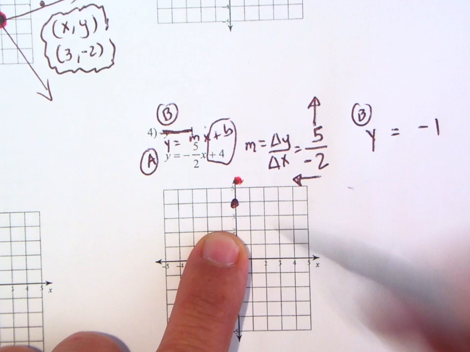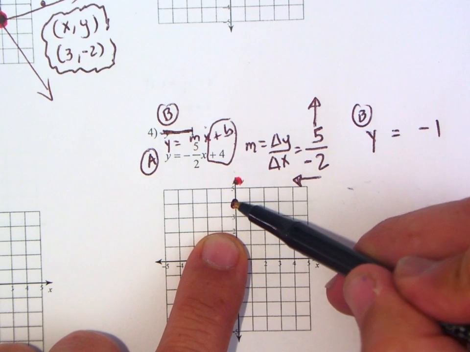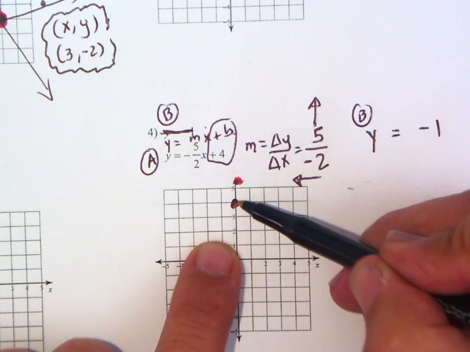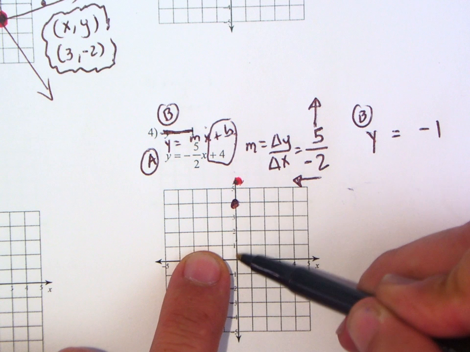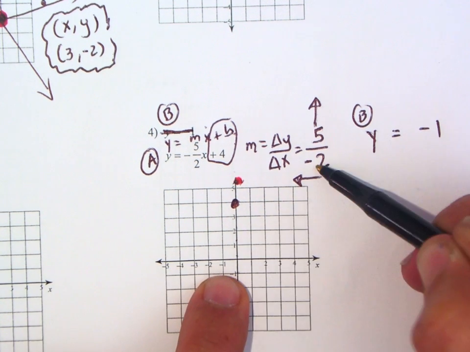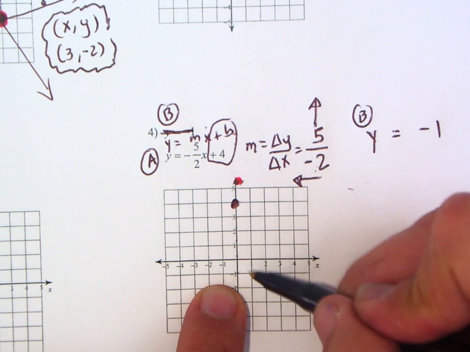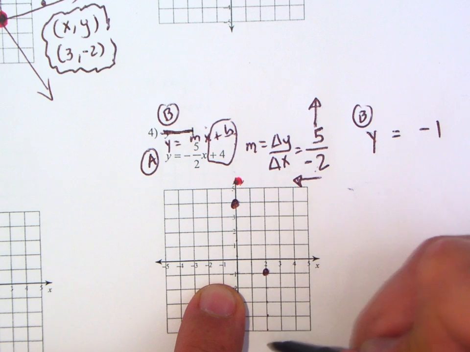So here we go. 1, 2, 3, 4, 5 to the left. Oh, so I can't go up 5. Now I have to do the opposite, so now I'm going to go down 5. 1, 2, 3, 4, 5. And I can't go to the left, I have to do the opposite, which is 2 to the right. 1, 2.